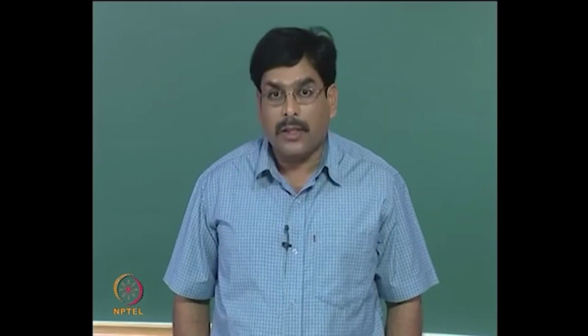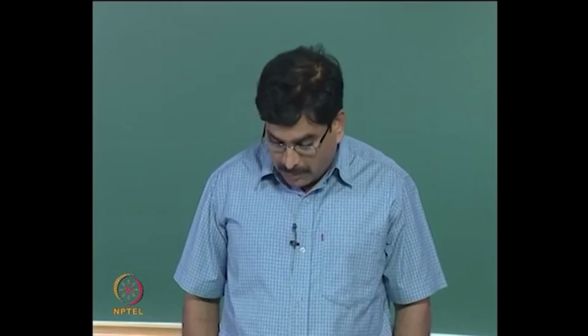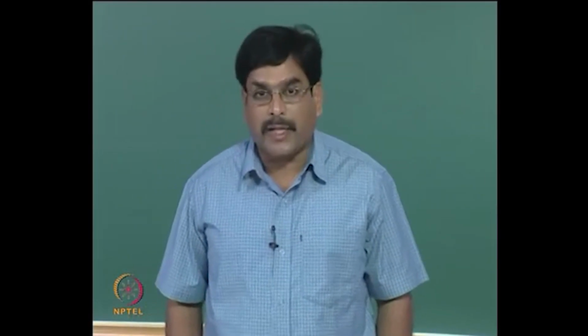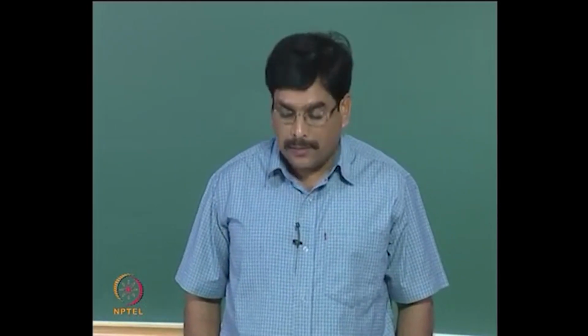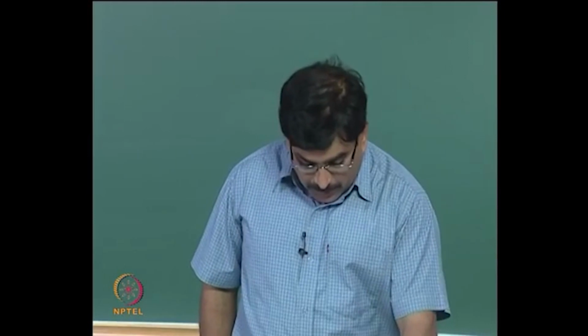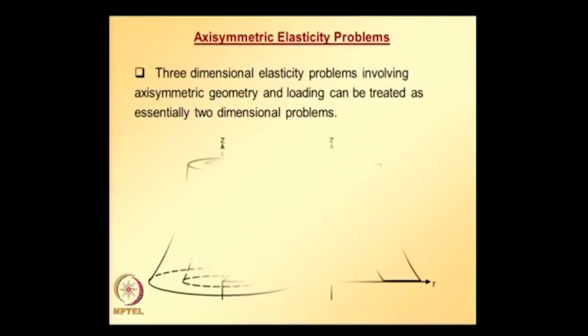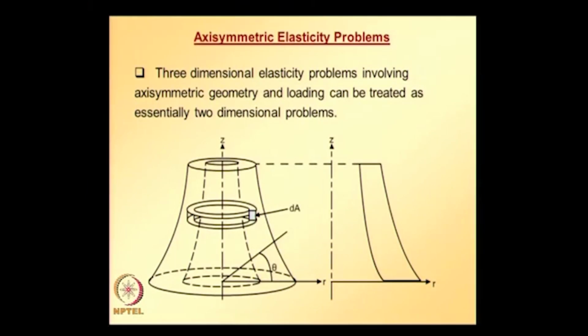For axisymmetric problems, the structure, loading and material properties must be symmetric about the axis of revolution. For illustration purposes, a typical situation is shown here with the z axis as the axis of revolution.